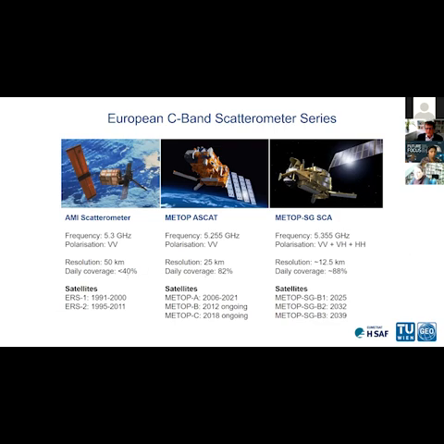Also very importantly, the daily global coverage has improved, in particular from ERS to ASCAT, and now again a stepwise improvement in the SCA instrument. And from a microwave sensing point of view, it's very nice that we now also have the HH polarization and the VH polarization on the SCA instrument.